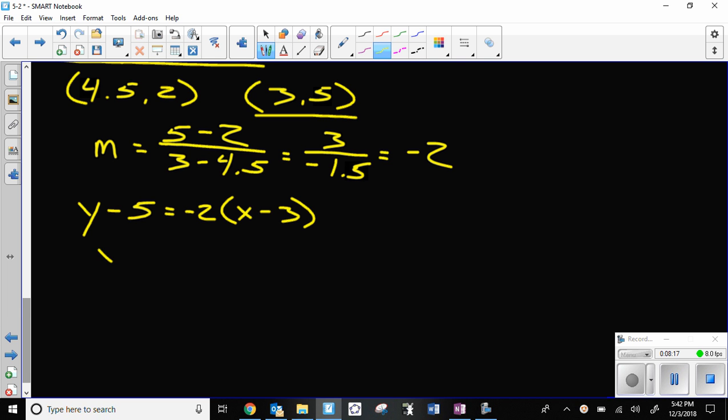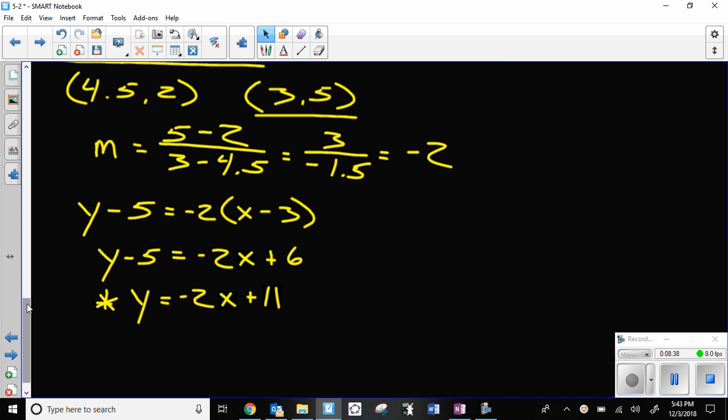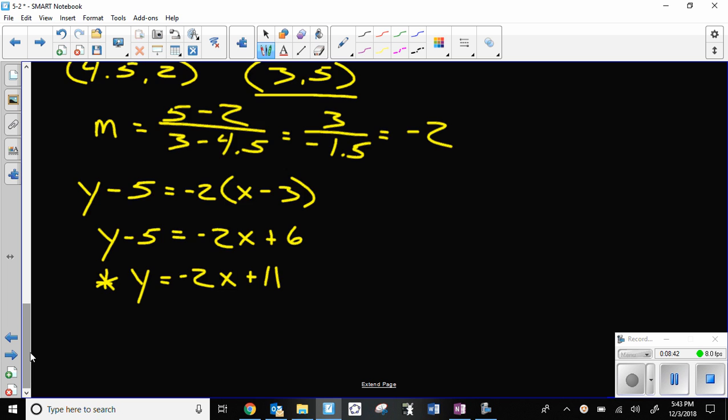And then we've got y minus 5, distribute, negative 2x plus 6. And then we're going to add 5 over. So y equals negative 2x plus 11. And I'm going to put a nice star next to this one as well. Okay, so there is step 3 again. We're almost there.